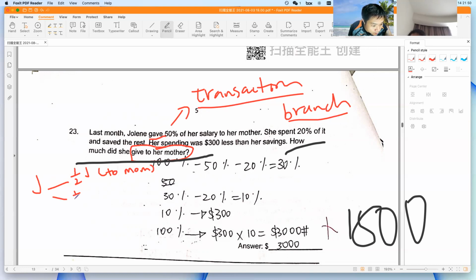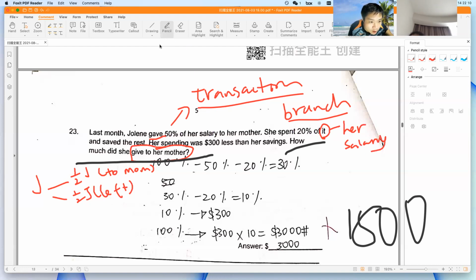Okay. Then of course half J left. Then she spent 20% of it. So 20% of it. Okay, so 50% of salary. She spent 20% of it. This it, right? This it is her salary, not the remaining. So you need to be careful.